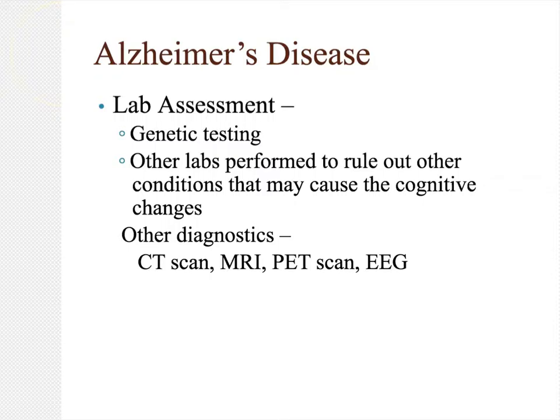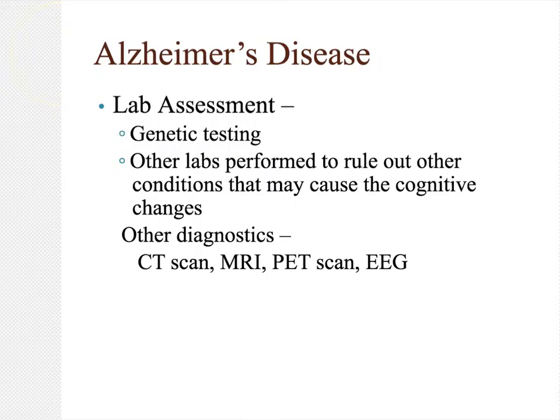As with most of the other neurological disorders, for any patient displaying any change in their cognition, their memory, or their behavior, we will always rule out any other disorder before calling it Alzheimer's disease. Things such as hypoglycemia, brain tumor, brain swelling, stroke, the patient can experience some memory loss and personality disorders.